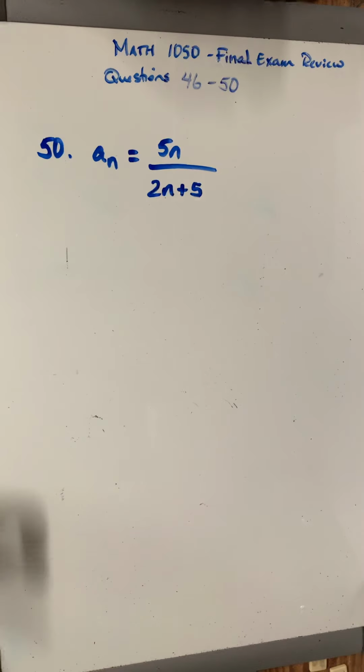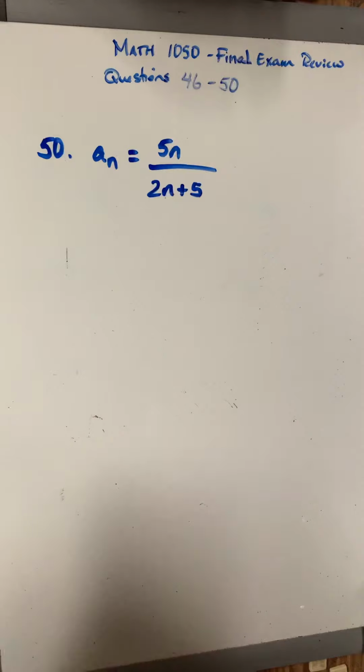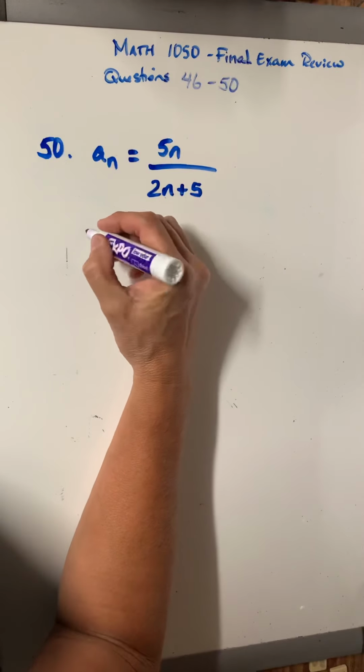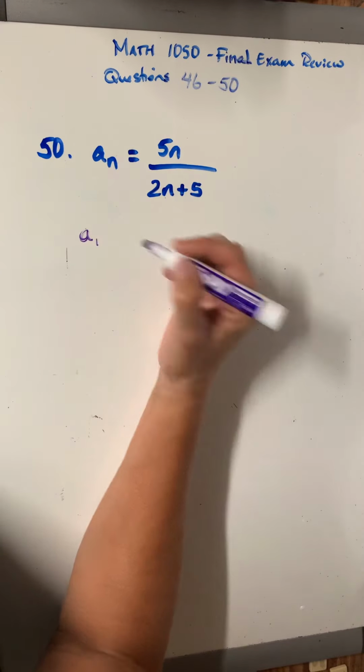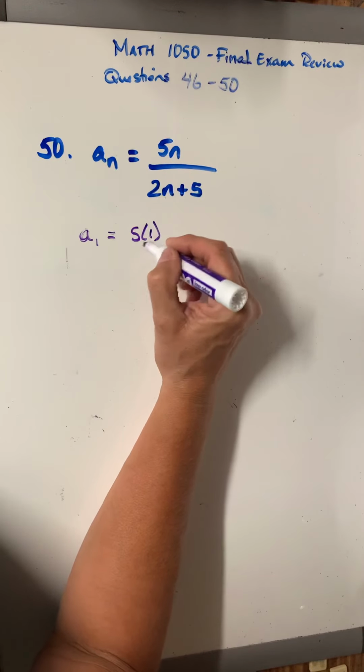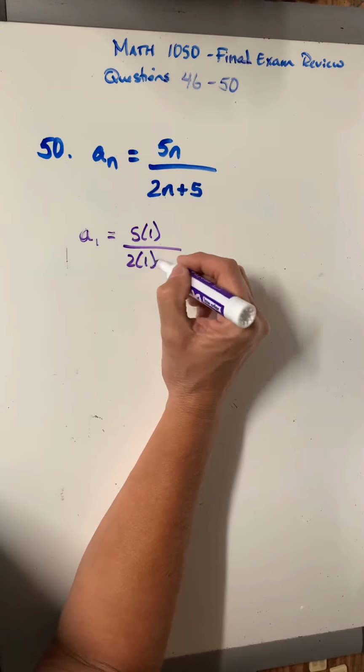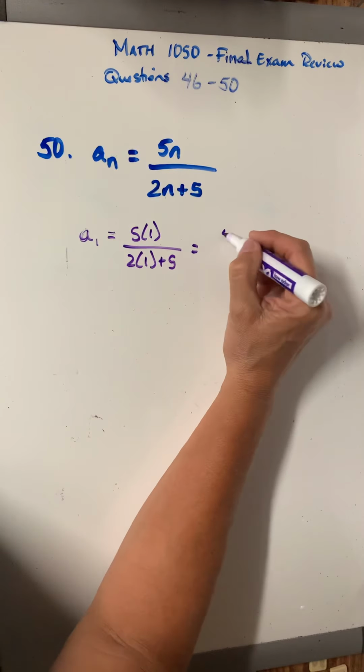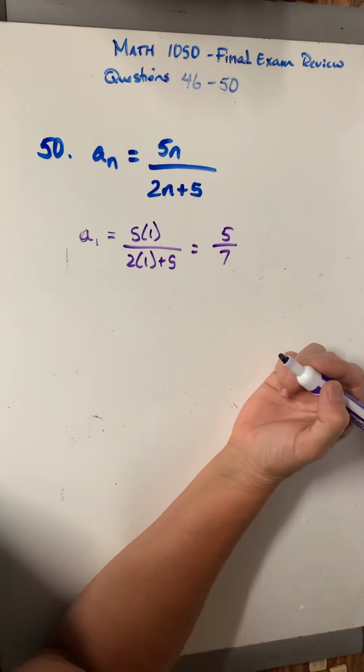So the n represents what term you're working on. So if I want my first term, I would make n 1, which means everywhere in the problem n has to be a 1. So 5 times 1 over 2 times 1 plus 5 equals 5 over 7.